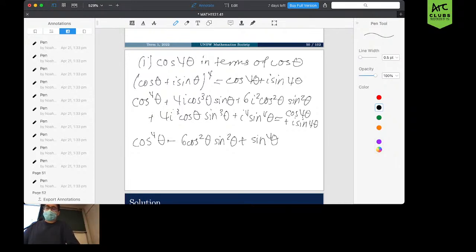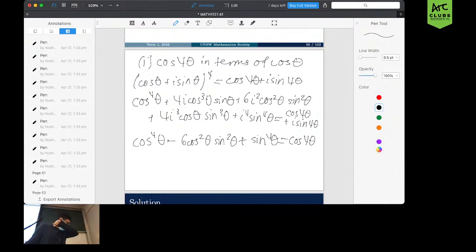However, it's actually not necessary in this question, because if you look at that right-hand side, we have cos 4 theta plus i sine 4 theta, and the question's asking us to express cos 4 theta in terms of cos theta. Well, cos 4 theta is just the real part of that right-hand side. So if we equate real parts, we're only concerned with the real part on that left-hand side, which we have just calculated. So after equating real parts, the left-hand side is cos 4 theta, and we've completely disregarded the imaginary part.